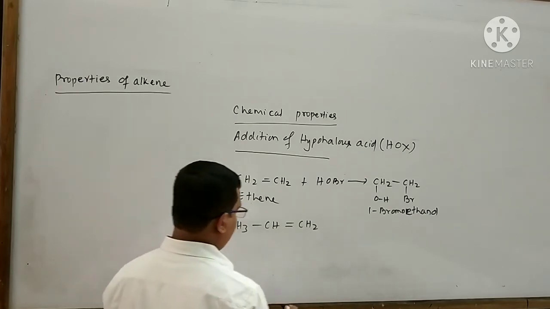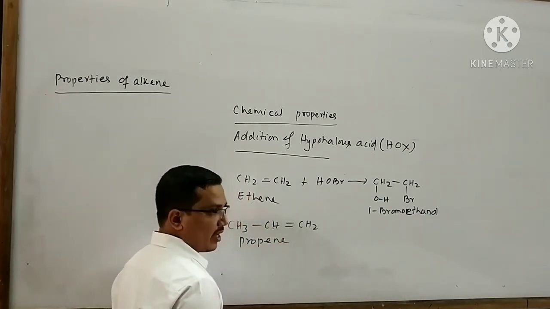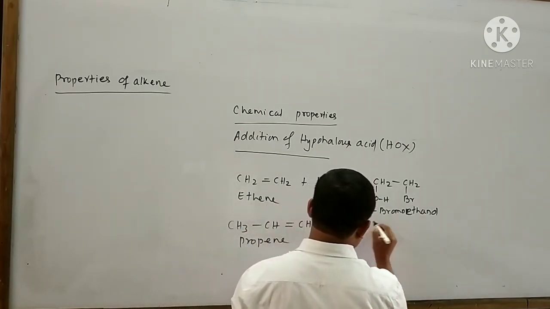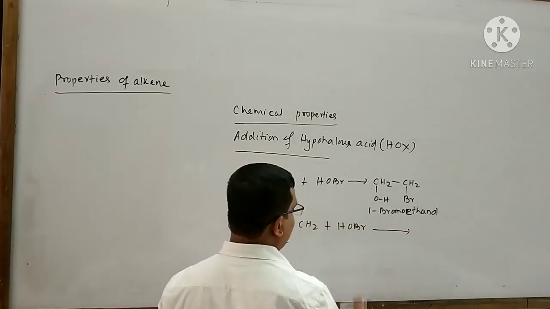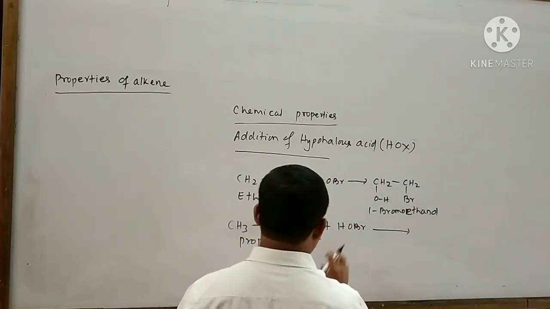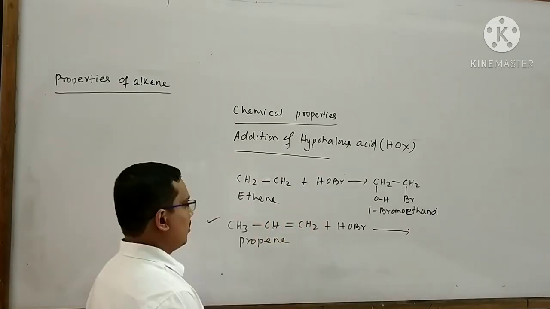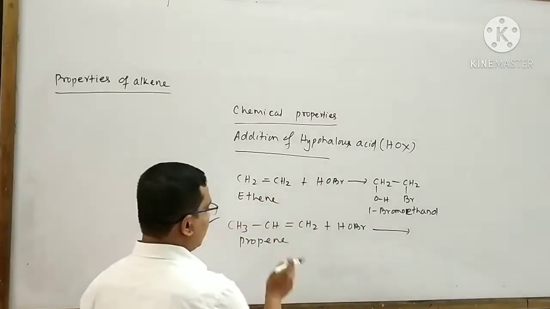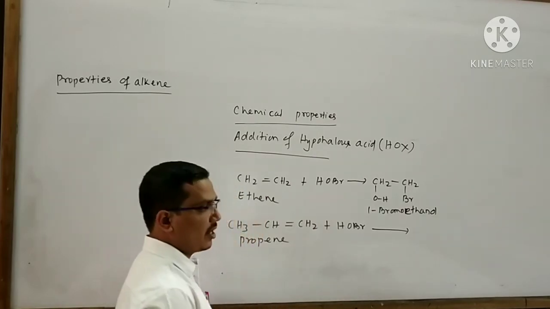The name of this compound is said to be propene. When propene is subjected to reaction with HOBr, then what will happen? Here OH minus ion and Br plus ion are formed. This reaction follows Markovnikov's rule. According to Markovnikov's rule, the negative part will attach to that carbon atom which has less number of hydrogen atoms.